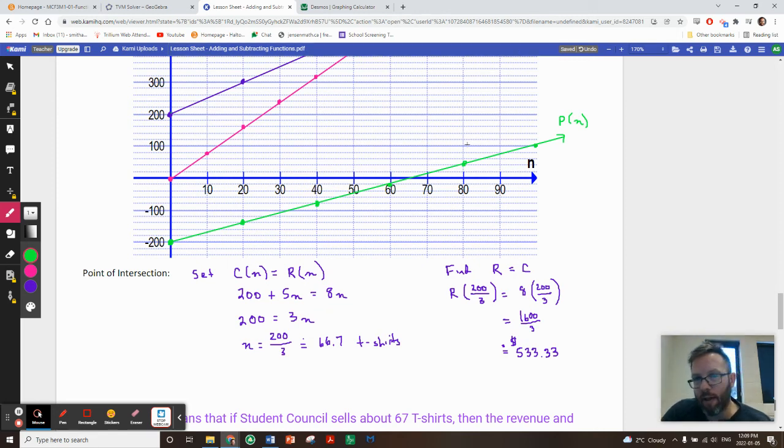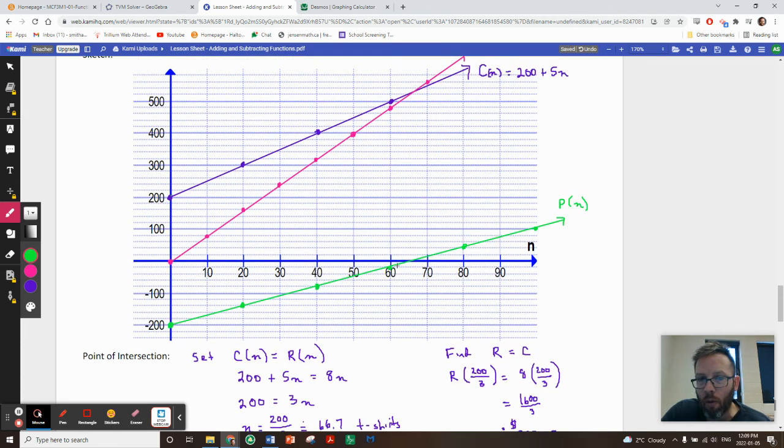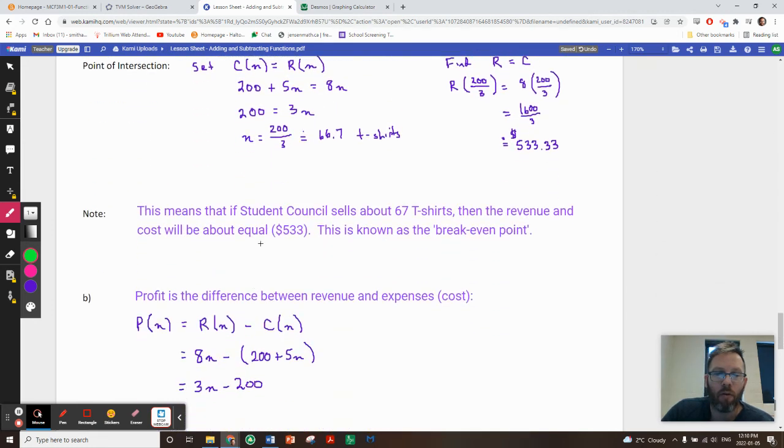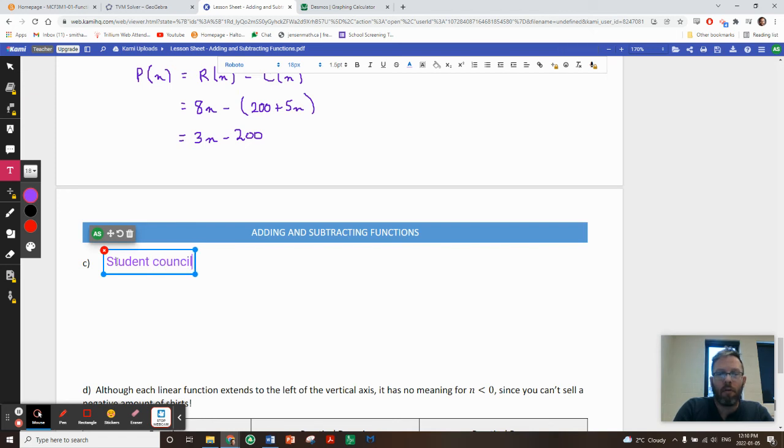All right, and you can see, when does our profit equal 0? When do we break even? Well, it's part way between 60 and 70. We've actually found out when that is. So to answer part C, when do we make money? Student council loses money if the profit is less than 0. Which means our function P of n is less than 0.